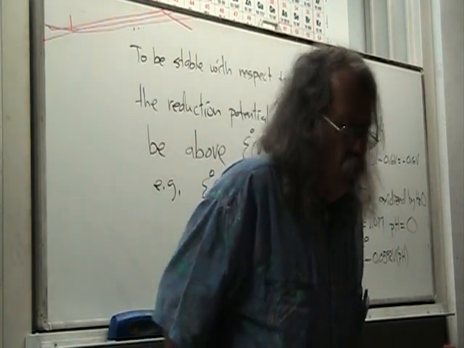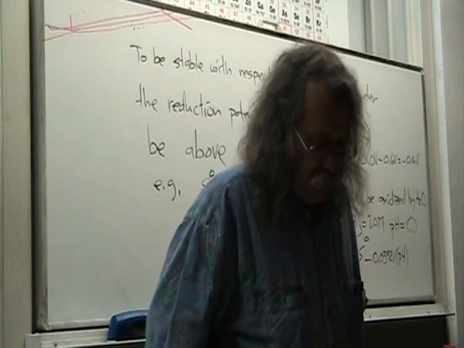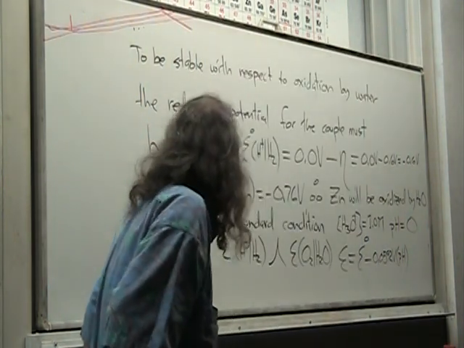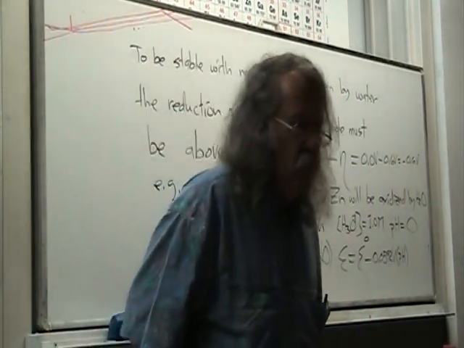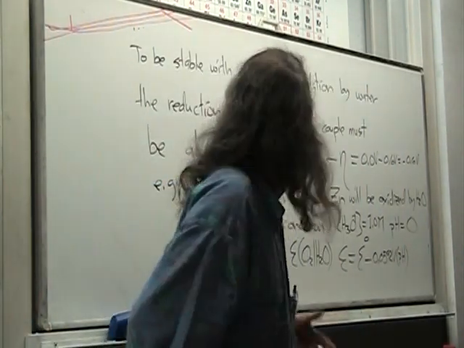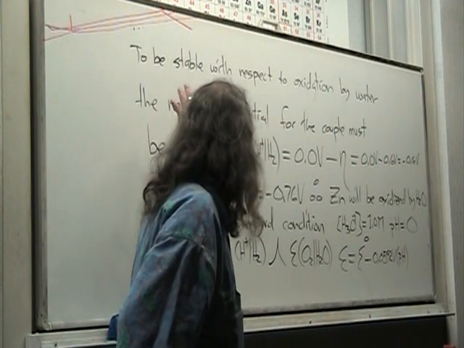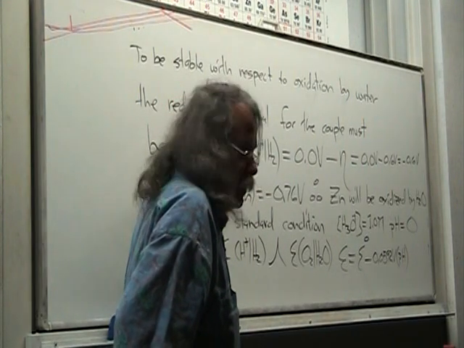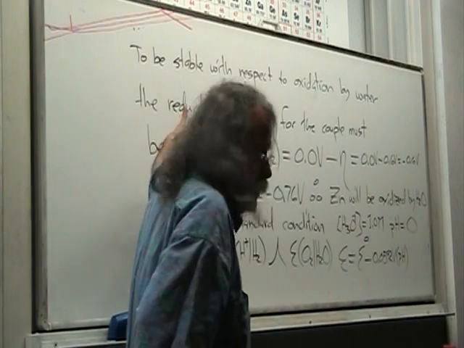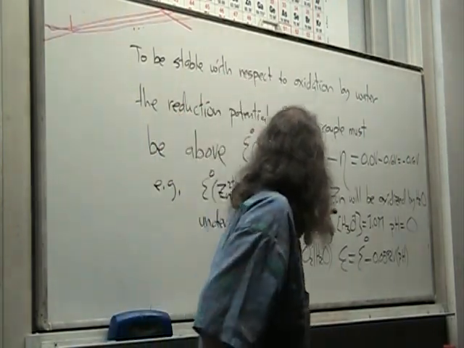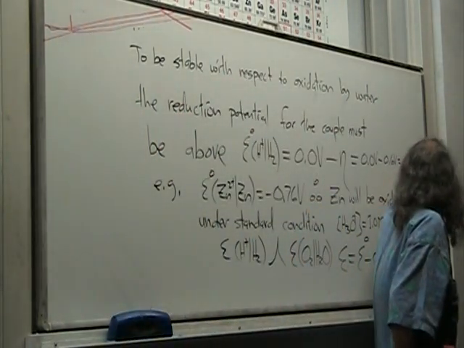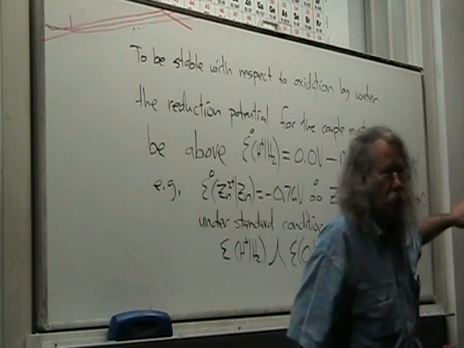Okay, well, in order to be stable against oxidation, which is the one that's going to be most relevant in these terms, it has to be greater than minus 0.6 volts.